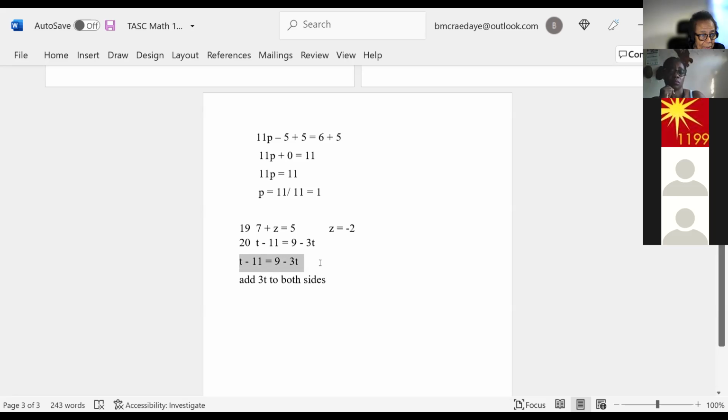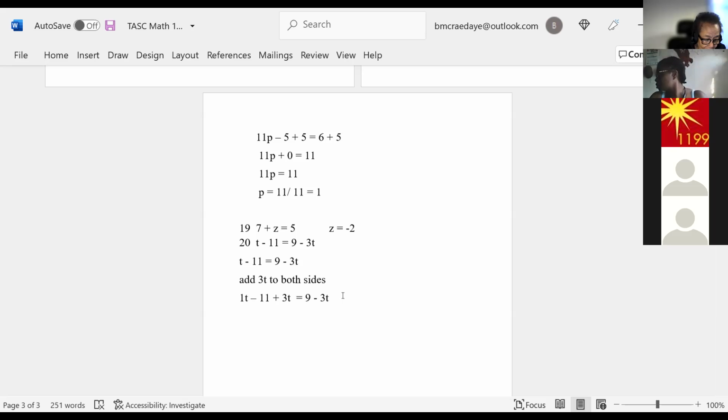So let's take this equation and add our 3t to both sides. Add it on the left. And notice when you have a variable and you don't have a coefficient in front of it, the default is 1. So that means this is a 1t. Okay, that's a default.